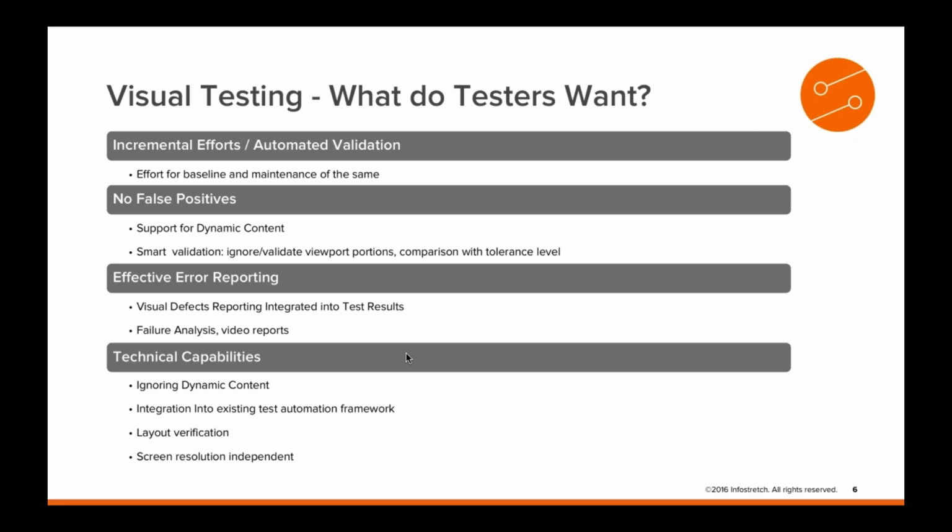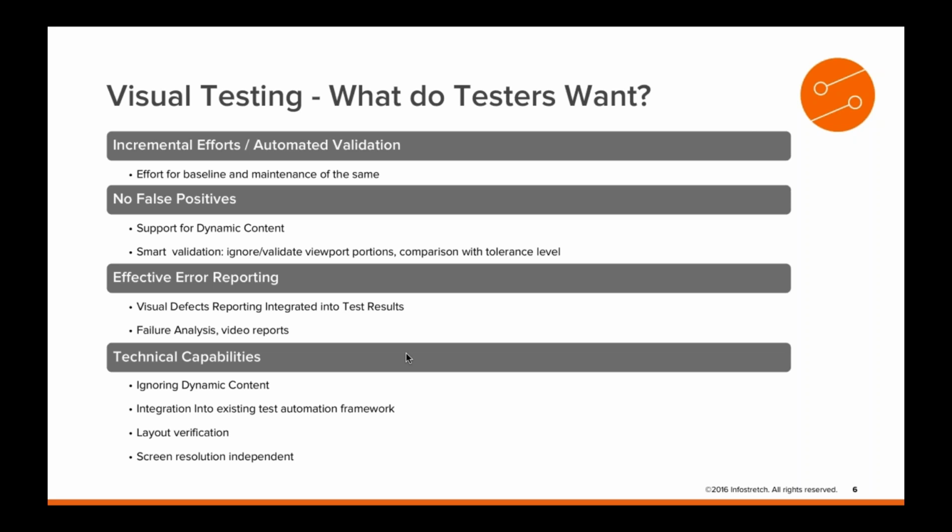When we talk about visual testing, with a lot of open source tools and a lot of homegrown approaches, you will find there are a lot of false positives, which means that the test is actually telling you it failed, but when you visually inspect the test or you run it manually, you find that that failure is acceptable, right? So you don't want such false positives because it slows down the process of testing, right?